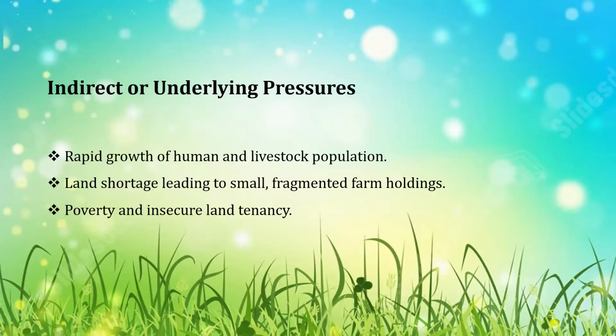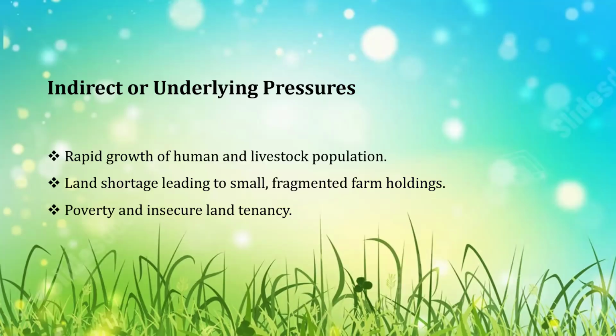The livestock impact is that increased livestock numbers lead to overgrazing, which strips vegetation and compacts the soil, making it harder for the land to recover. The result is that population pressure often pushes communities into marginal or ecologically sensitive land, like steep hillsides or wetlands, that are not suited for intensive use.